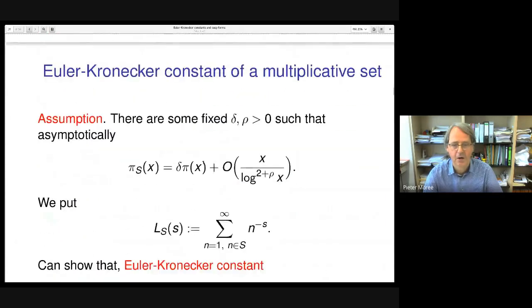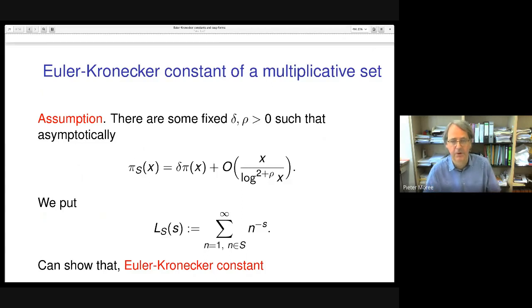Okay, and now I'm going to define the Euler-Kronecker constant for such a set S. The idea is I look at the primes in S less than or equal to x. I think I should have removed the notation here and just written it out directly. And the idea is this goes as some constant delta times the number of primes less than or equal to x.